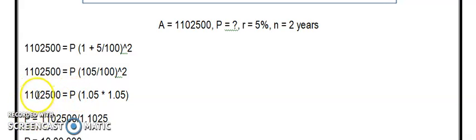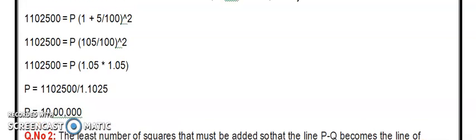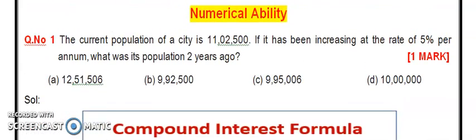So P = 11 lakh 2500 divided by 1.05 into 1.05, which is 1.1025. Solving this, we get P as 10 lakhs. So option D is the correct answer, that is 10 lakhs.